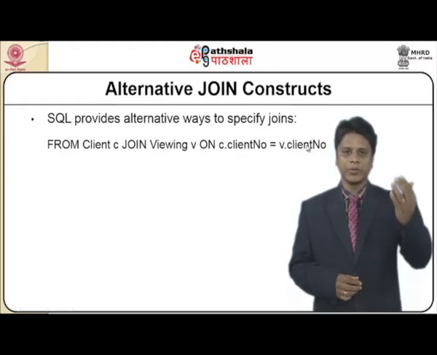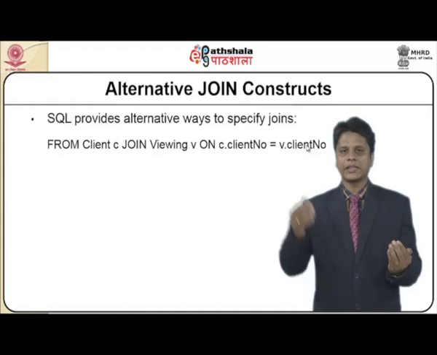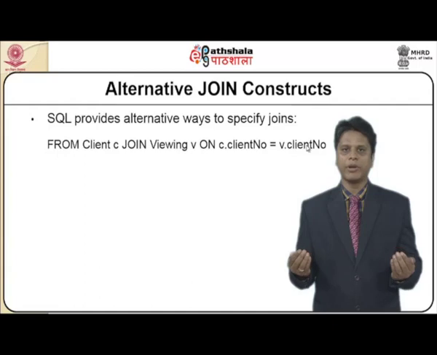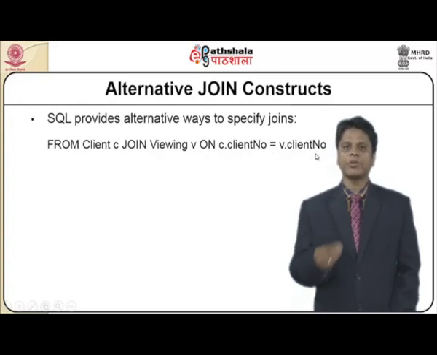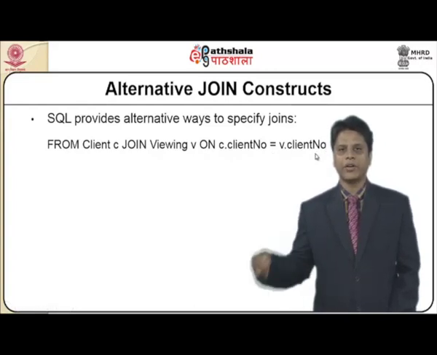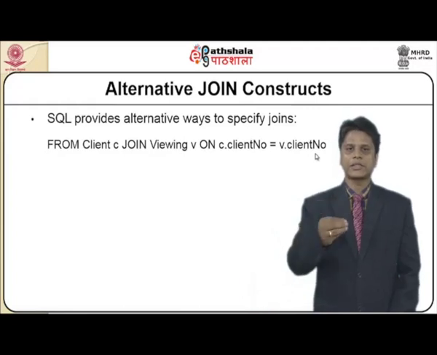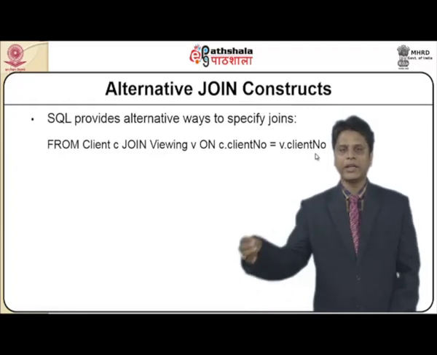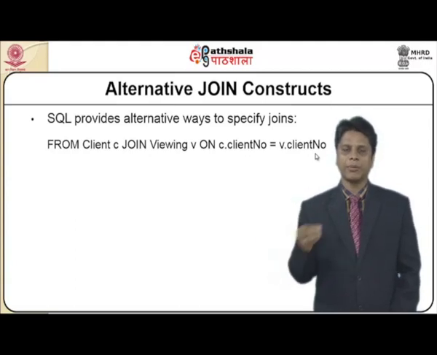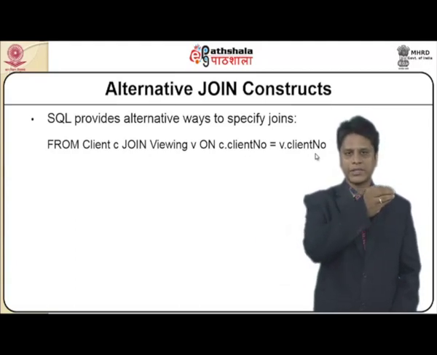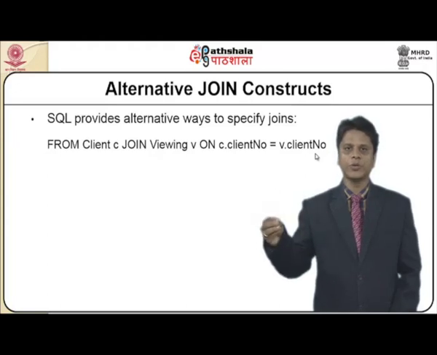There is a table called Client C and another table called Viewing V. Then I use the English-like JOIN ON with the condition C.clientNo equals V.clientNo. Instead of the direct representation in the WHERE condition as in the previous case, here the condition is provided in the JOIN ON clause, with the same list of attributes in the select.